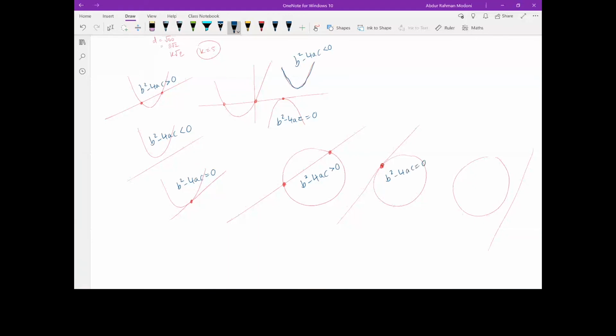And b squared minus 4ac less than 0, no intersection. Are we happy with that? So we've made some links with earlier work in the chapters on quadratics and lines. Essentially, anything that forms a quadratic equation will have a discriminant, which will tell us, if we were to solve that quadratic equation, how many solutions it will have.